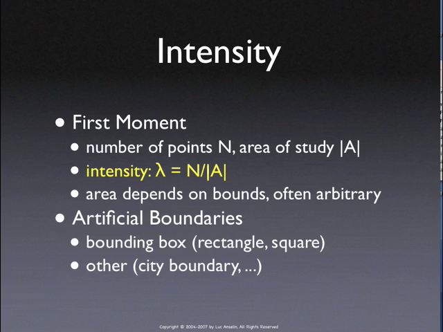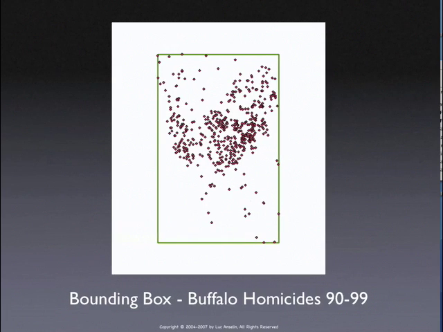In practice, one often uses some kind of bounding box, a bounding rectangle, which includes all the points but has a regular shape, a square or a rectangle. Or you could use city boundaries, and then later on we'll see another approach, which is a convex hull, which is also often used. So let's look at this bounding box. That is the rectangle formed by the most extreme coordinates.